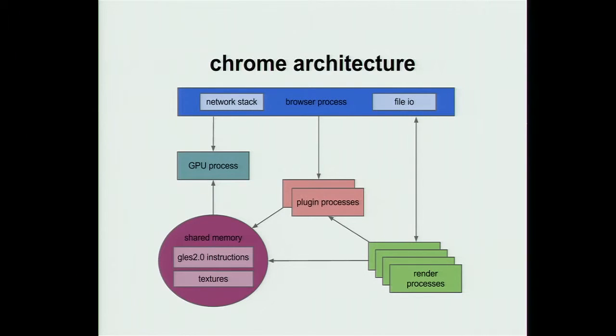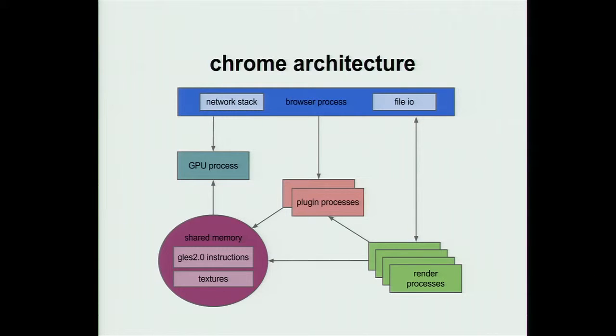And one of the cool things that happens here is the render processes, when they're doing accelerated compositing, actually output GLES 2.0 instructions into a shared piece of memory and the textures, and the GPU process can then consume these just in a row, and that allows, say, the Chrome for Android thing to ignore the GPU process, do everything in process, and just consume these GLES 2.0 instructions directly, because that's what most mobile phones already use.